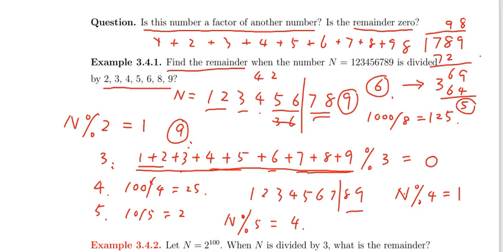This is 10, 10, 10, 10, so 40, 45. The sum is 45, and 45 can be divided by 9, right? So divided by 9, the remainder is 0.